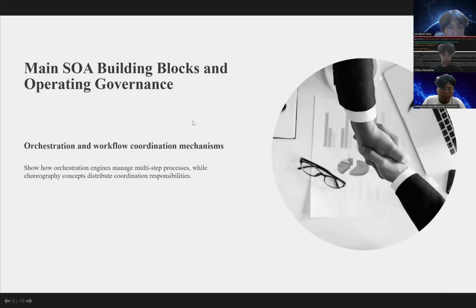Main SOA building blocks and operating governance. Orchestration and workflow coordination mechanism. So how an orchestration engine manages multi-step processes, while choreography concepts distribute coordination responsibilities.